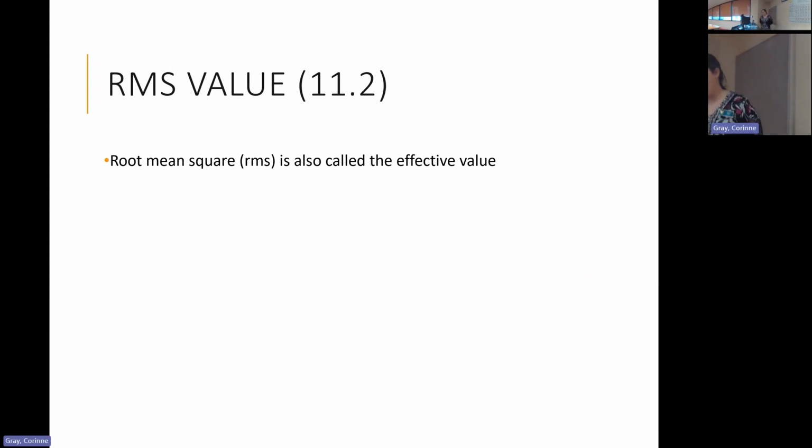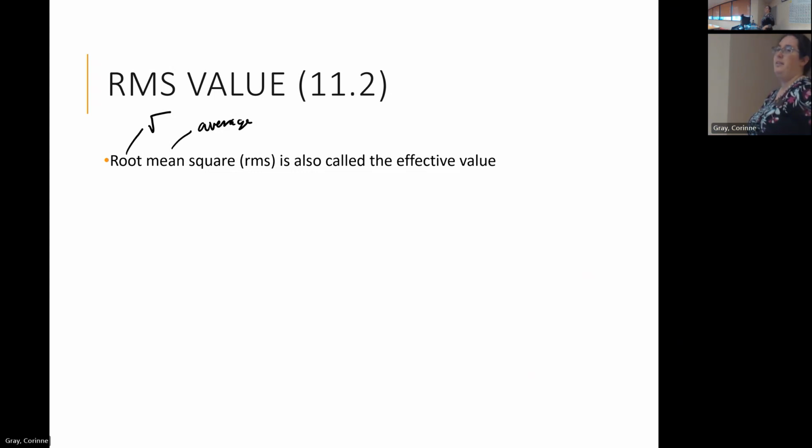So just looking at this name here, what do you think is going to be associated with the equation? Average, square root. So this is going to give us a square root. Average of what though? Of a square.